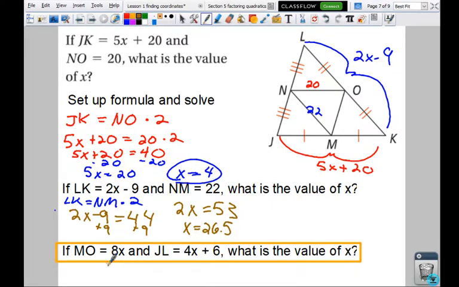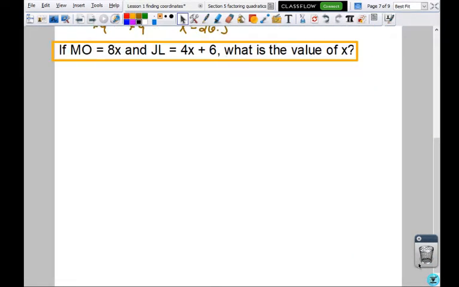Alright, last in-class problem. If MO equals 8x and JL equals 4x plus 6, what is the value of x?